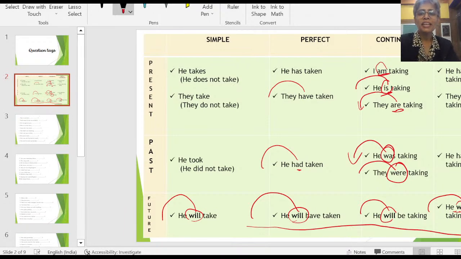Now we are left with am over here. So what will you do with am? When I am taking, it is the Americanized version of ain't I, but we don't say ain't. Am not becomes ain't. But British English does not use ain't I. So we will say aren't I, A-R-E.